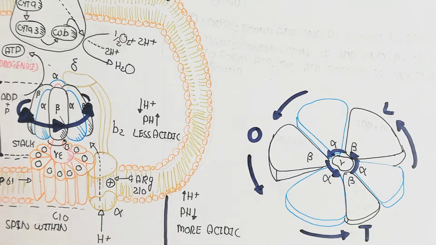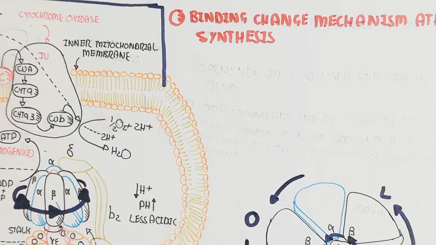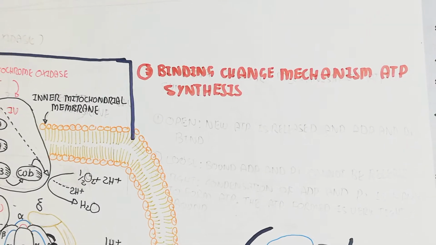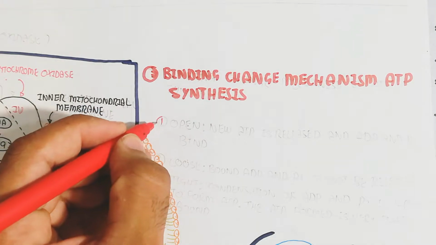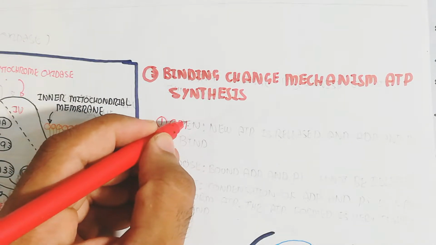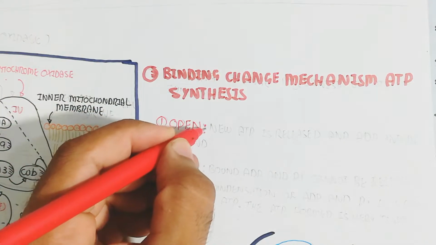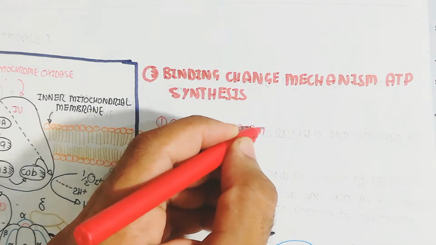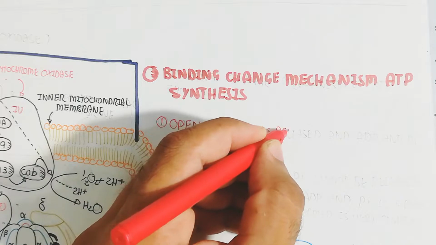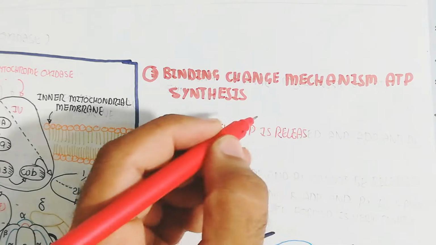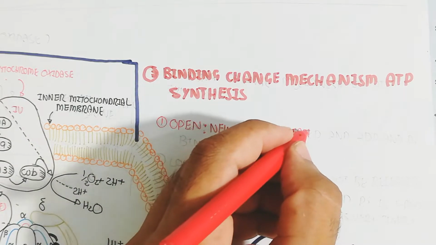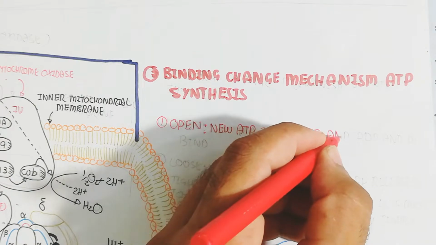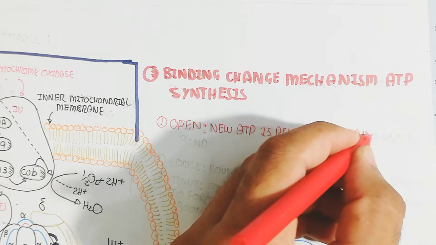First is the O, meaning open, number one, so we will discuss the open site. The new ATP is released after its formation, and the ADP and inorganic phosphate bind. Remember, the inorganic phosphate and the ADP bind in the beta subunit of the F1 domain.